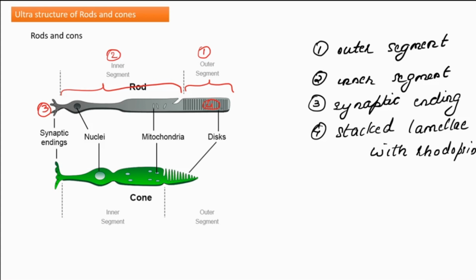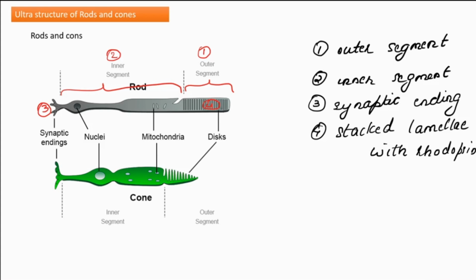Coming towards the inner segment, it contains the nucleus and other cellular organelles, and it synapses with the bipolar neurons that we already learned. This is the ultrastructure of rods and cones: the outer segment, and the inner segment with its synaptic ending. The visual pigment is arranged in lamellae inside the outer light sensitive segment.